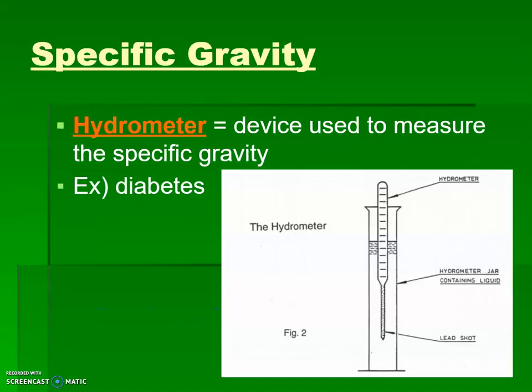So a hydrometer is this special device that's used to measure specific gravity. So they basically get a hydrometer jar that contains the liquid, so it would be filled with water, and they would drop the substance into the middle of the water. So it breaks the surface tension, it won't just float on top.